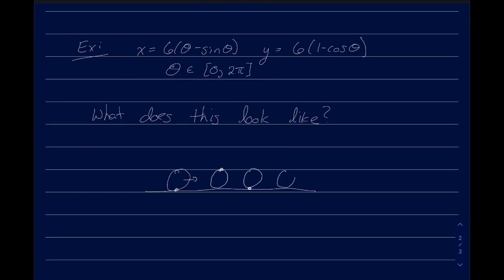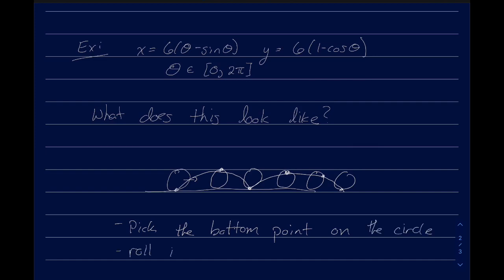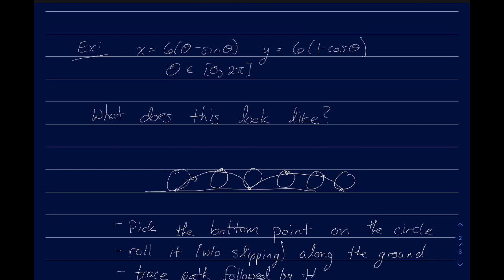We're going to mark the bottom point on this circle, and we're going to rotate this circle along the ground without slipping, and then trace the motion of that point as the circle rotates from 0 to 2 pi. This motion actually marks out what is called a cycloid. And the steps to create this cycloid are written on the screen before you.